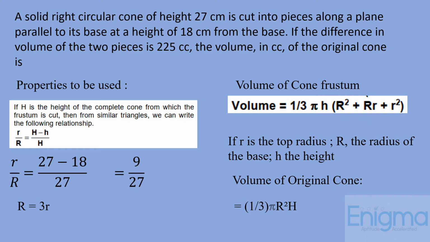We can also substitute the value of the height of the original cone, which is 27 centimeters. So, now we get 1/3 pi into 3r square, which comes out to be 9r square into 27. Hence, our required final answer will be 81 pi r square.